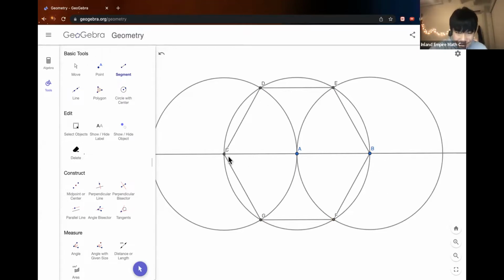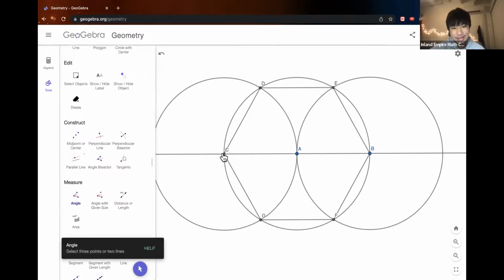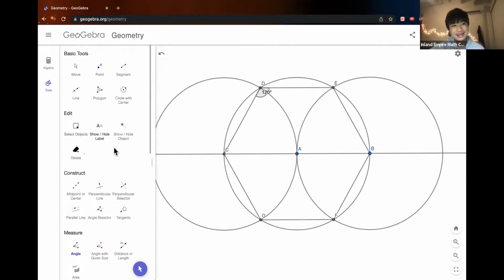Anyway, so for this hexagon, how can we actually prove that this is a hexagon? I mean, we can look at it, it seems very hexagon-y or hexagonal, but how do we know for sure that this kind of thing with these compasses can form a hexagon? Now we can measure it, which is what we can do to confirm, but without measuring it, how would we know?